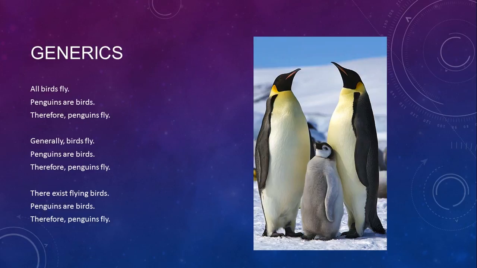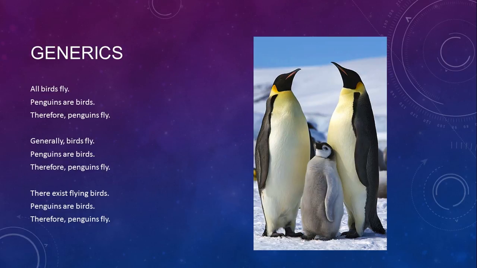Any worries about that? It's true. Penguins are birds, right? Now, can penguins fly? Not unless you fling them. Not on their own steam they can't fly. So 2 true premises and a false conclusion, what does that mean it is? It's invalid. If the premises are true and the conclusion is false, it has to be invalid.